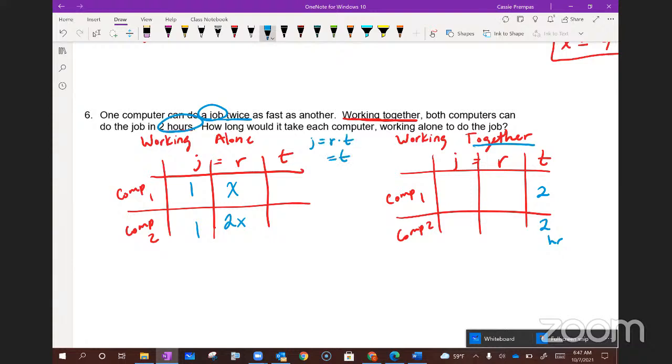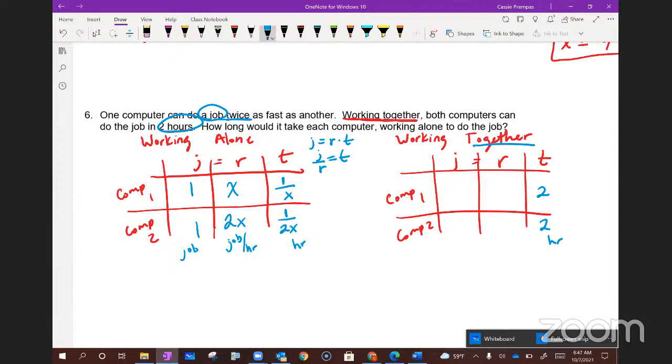So time is going to equal the job divided by the rate. So this is going to be the job divided by the rate, which is 1 over X. And this is going to be 1 over 2X. Okay, that's important to fill those pieces in. Now, I do have that this is the job per hour, and this is the hours of time.